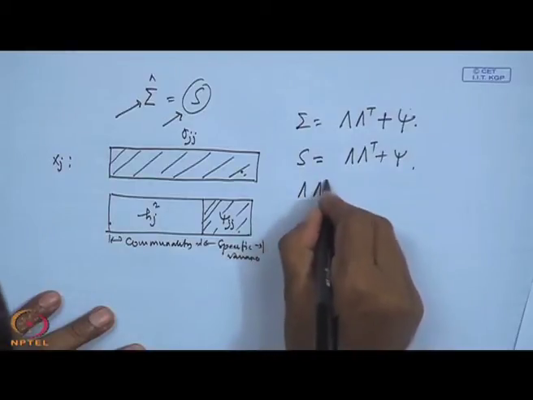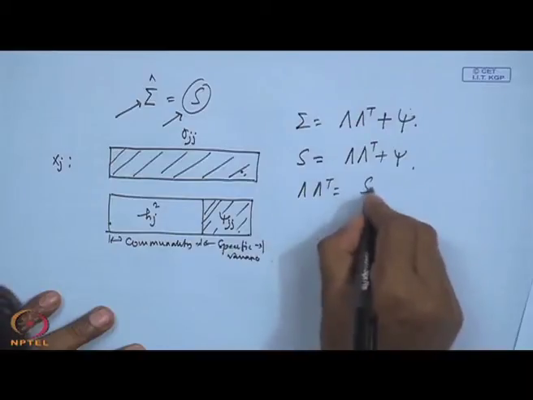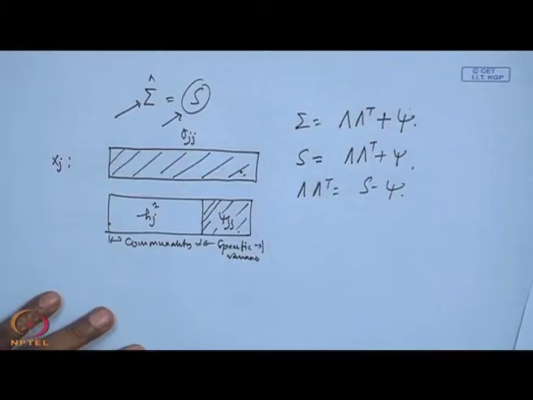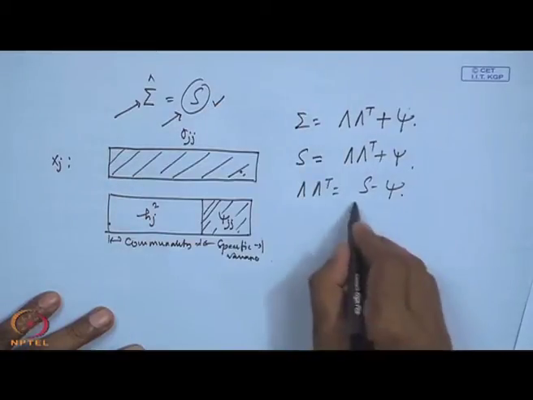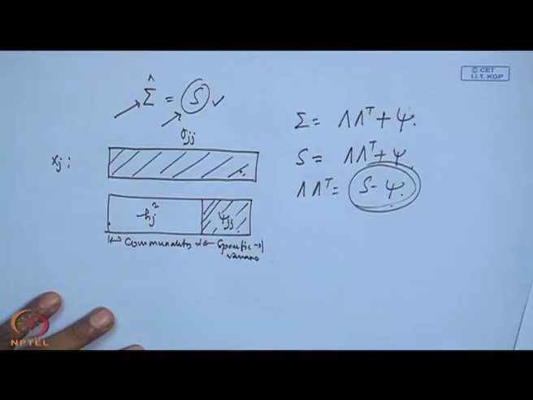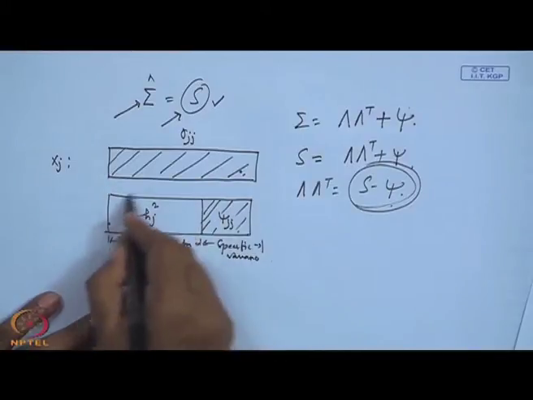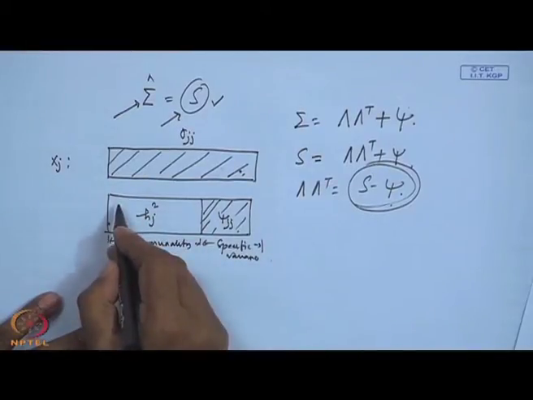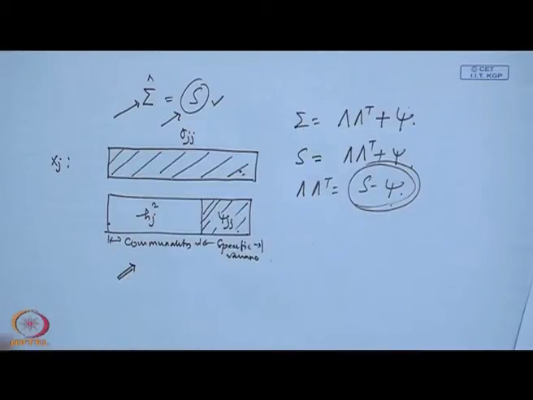So that means lambda into lambda transpose is S minus psi. Okay. So instead of the S matrix, if we now factorize the S minus psi matrix, that means we are not taking this one, we are basically considering the communality, that is the common variance explained by the factors.